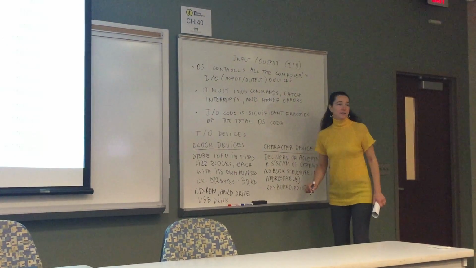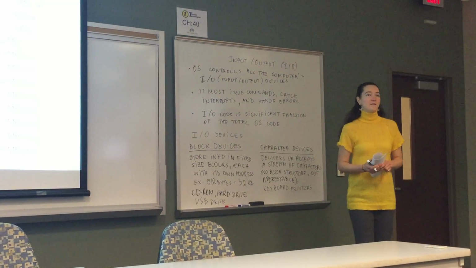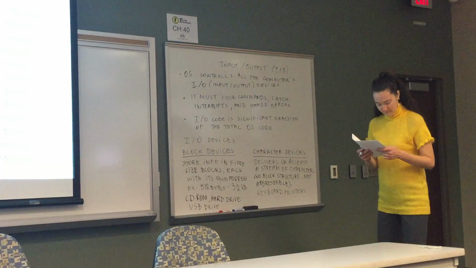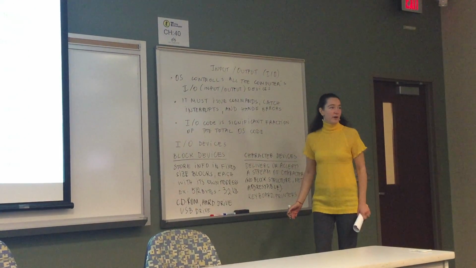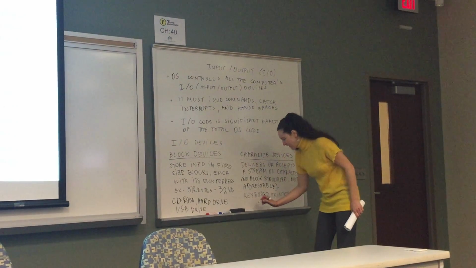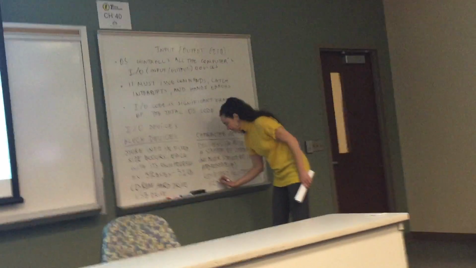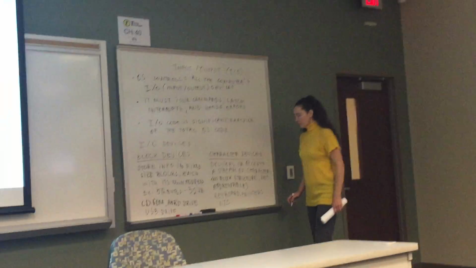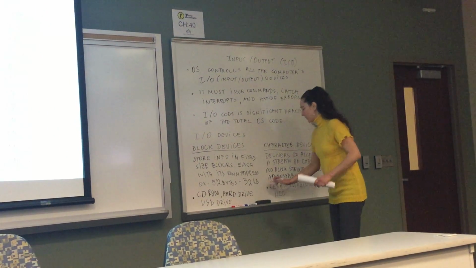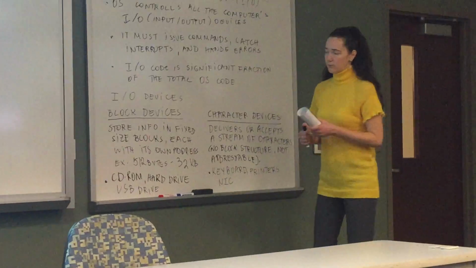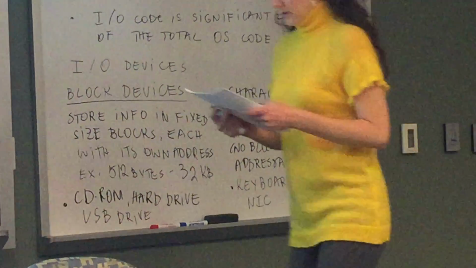Scanners will scan text, yes. And even the network card can accept or output a stream of characters, correct? Very good. So these are the two main categories that we have here.